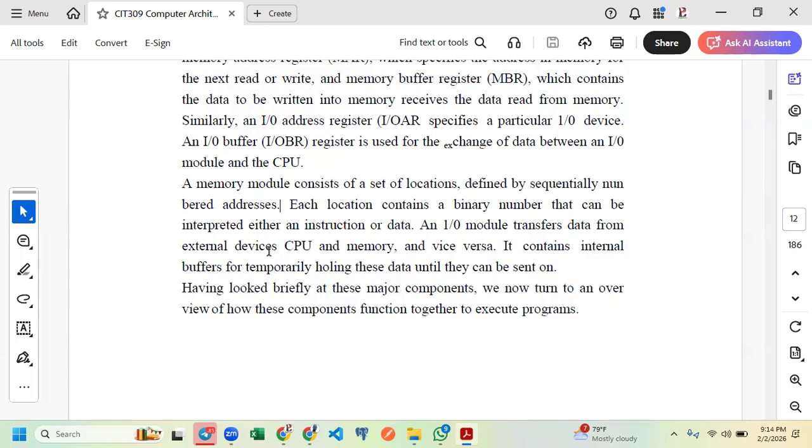Like when you plug in a USB, whether a flash drive or a cord connecting a phone to your system, the part that is responsible there is the input-output module. It is the one that manages the operation between external devices and your CPU and memory, the communication that takes place between them.